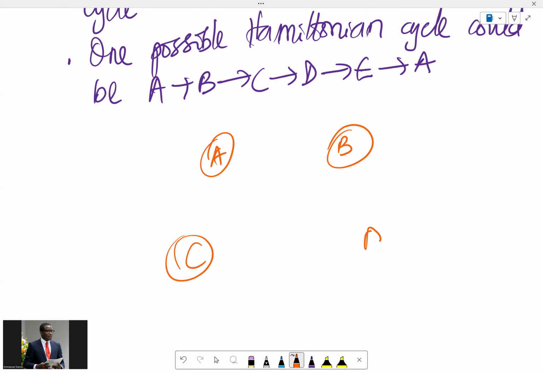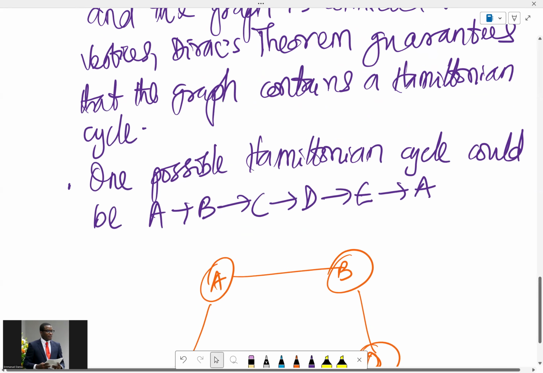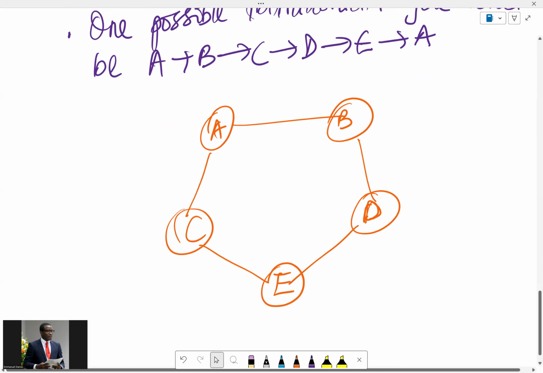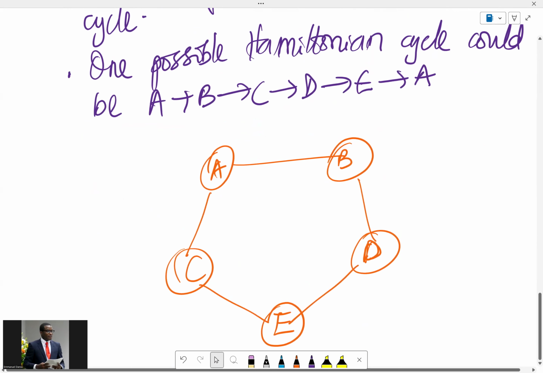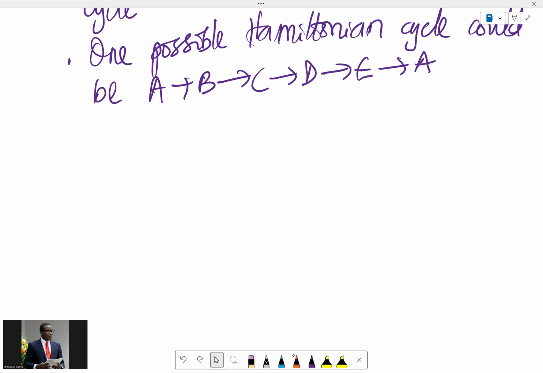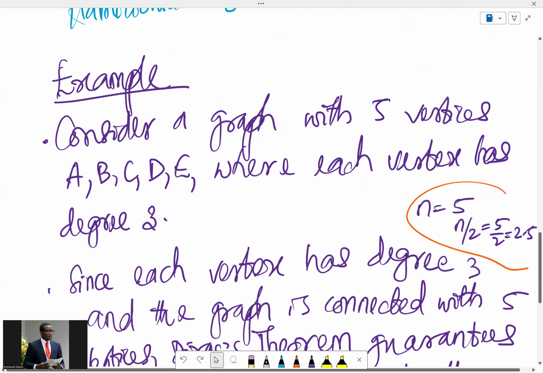Each vertex has degree 3. How possible could that have been? I mean, let me just leave that alone, we can work around that. The theorem is quite clear. Just trying to visualize it as much as possible.